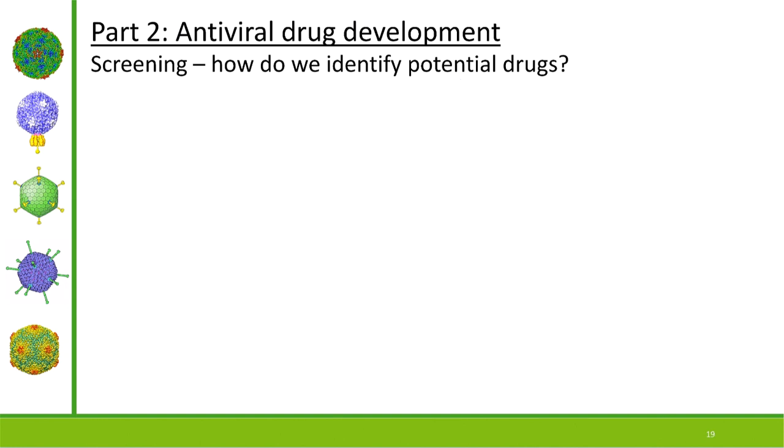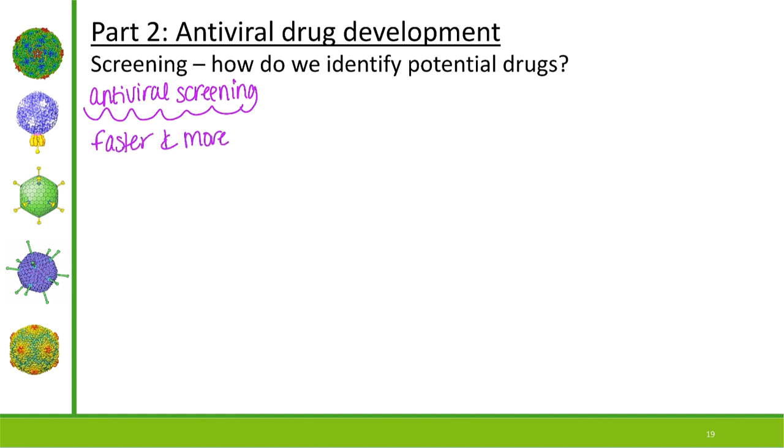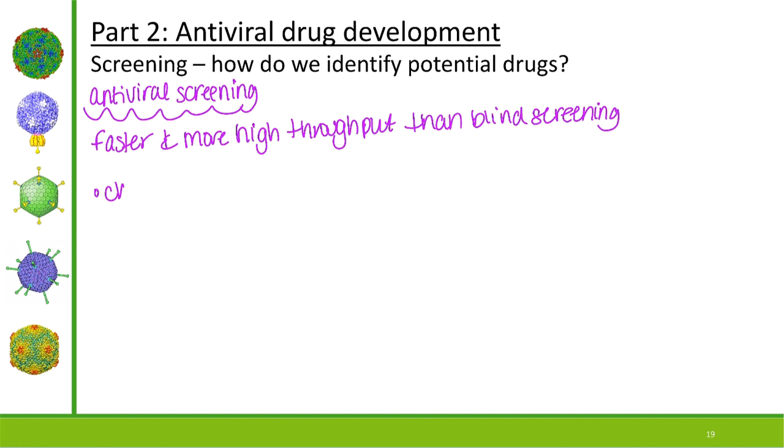All right, so the very last example that we are going to talk about is antiviral screening. For antiviral screening, this is going to be not only faster, but also more high throughput than blind screening. What we can do is create chemical libraries.